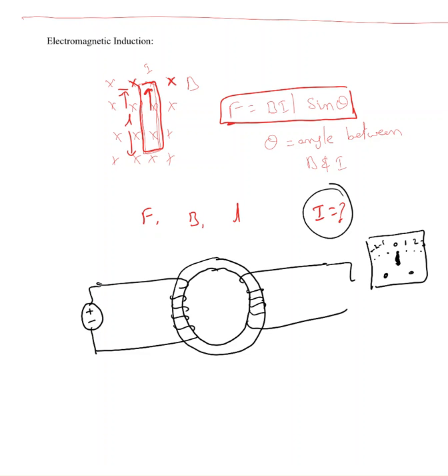So Michael Faraday started doing this experiment. He thought that he could create current in the second coil by connecting a source to the primary coil. This will produce a magnetic field, which is going to link to the second coil, and then he could see the voltage across the second coil.